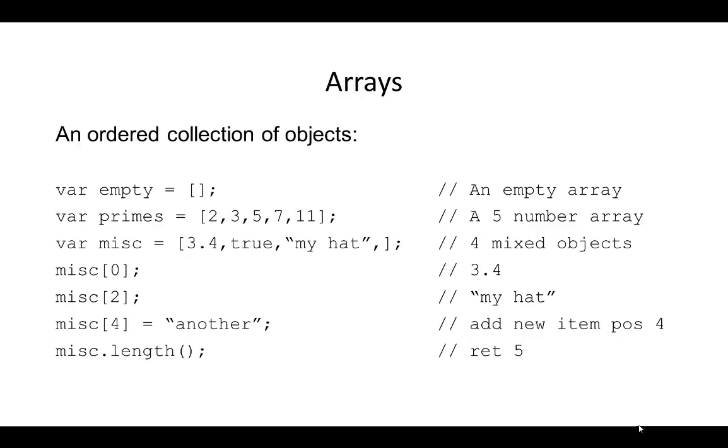Here I'm adding the fifth value, so remember 0, 1, 2, 3, so 4. I'm adding another value on the end, and that would be given the value another. Now if I'd put that as, say, 6, I think what would have happened is another would have been put in position 6, and they would have inserted two null values to fill up the array.